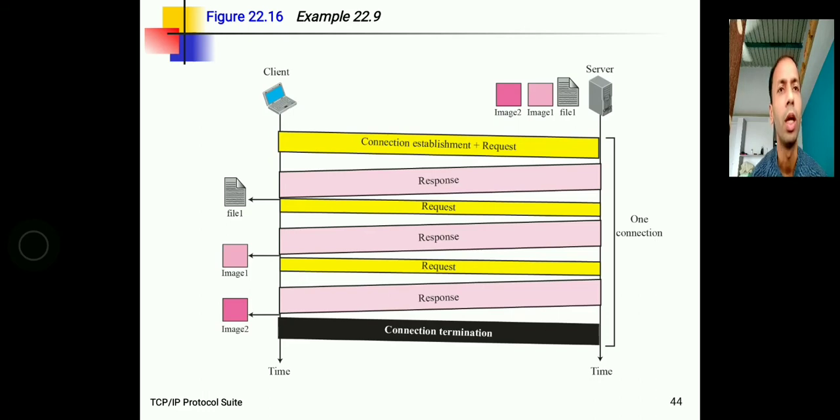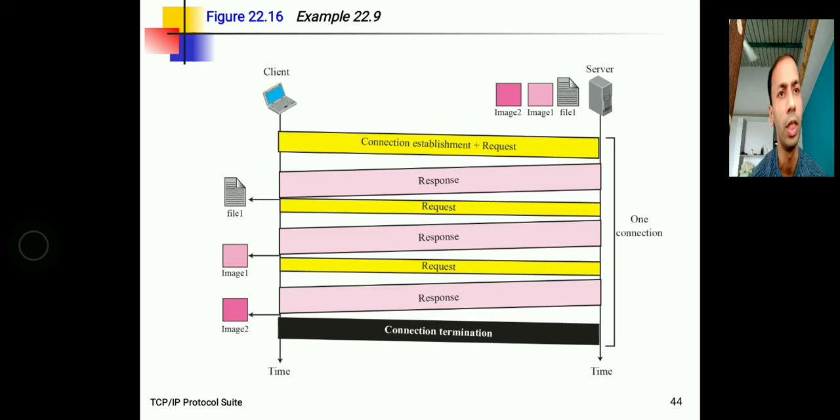Now as shown in this figure, the client makes the connection establishment request, the server accepts the request, and the server gives the response with File 1. But after getting the response of File 1, the connection is not terminated. Instead, another request is sent by the client to the server to retrieve the image 1 file.